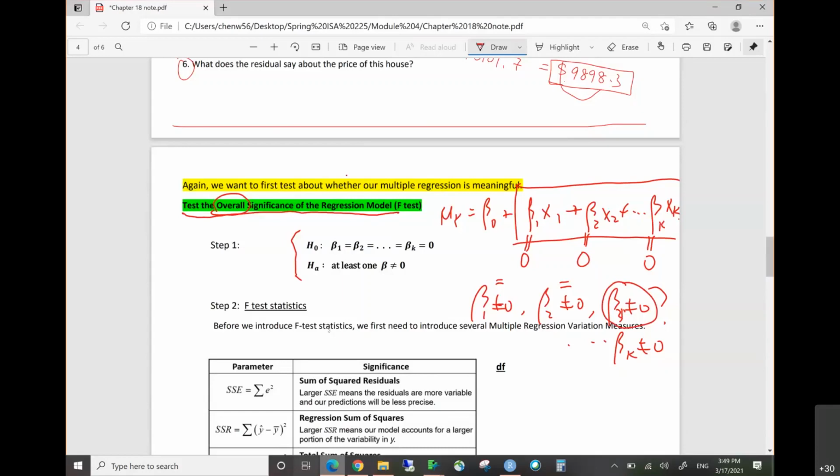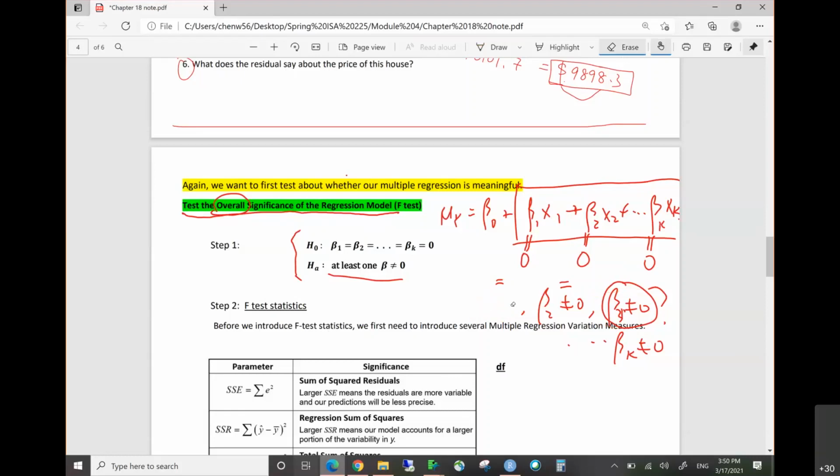So in this case, we don't need to check that all of these betas are not 0. We just need to check that at least one of them is not 0. Then the whole multiple regression will make sense. So that would be our alternative hypothesis: at least one of them is not 0.